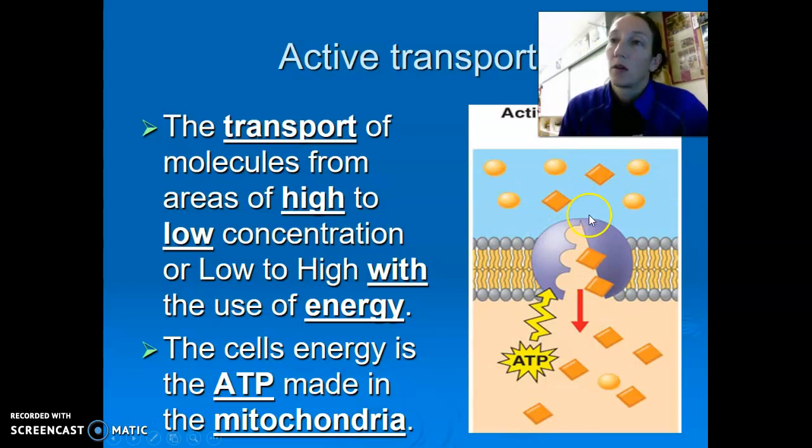Technically, if we were following the rule, these little squares, these diamonds, would go from high to low. There's definitely a higher concentration of them inside the cell than there is outside. So if it was passive transport diffusion, it would only be able to go this direction. Only this direction. But active transport can also go from a low concentration to a high concentration. So it can go both directions, low to high.